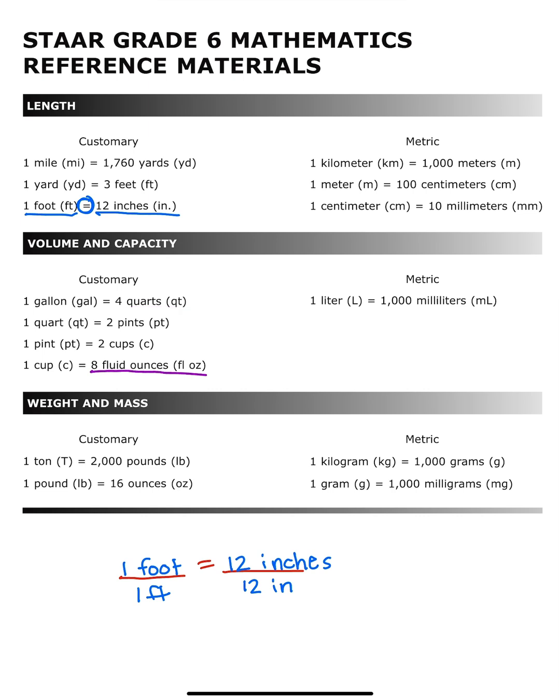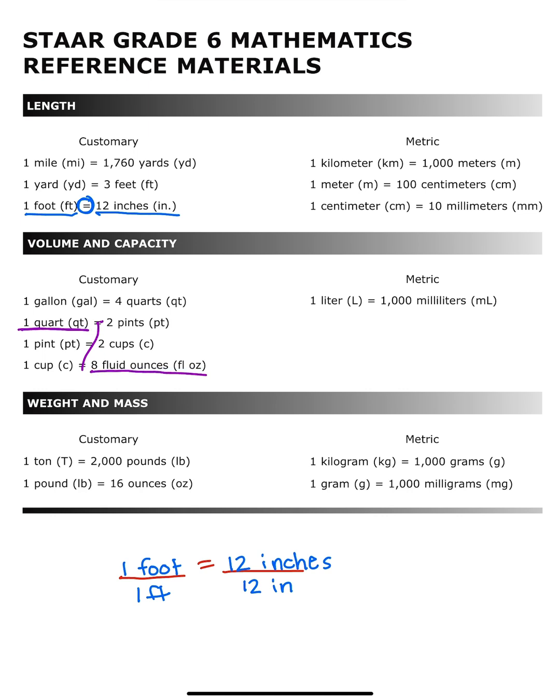So the quart I would need to be looking at is this one, because I need one from each side, but I could not write 1 quart equals 8 fluid ounces because they're not on the same row. One's up here, one's down here.